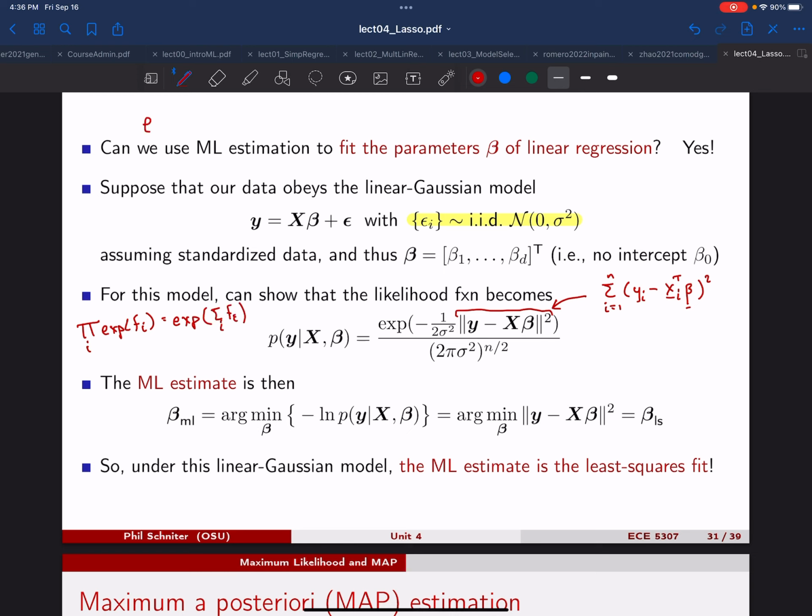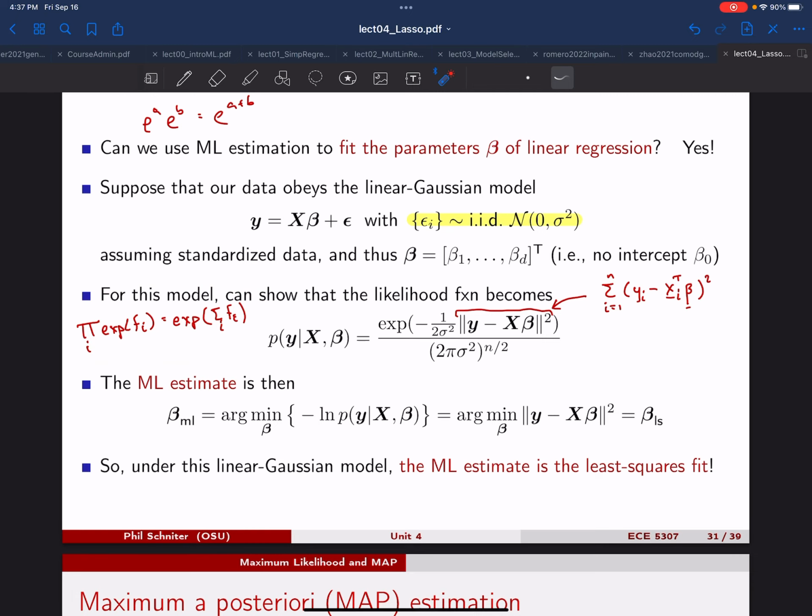It's like e to the a times e to the b is e to the a plus b. This is the case for two variables. If I have many of these, like n of these multiplications, then I have e to the sum of n things up here. So that's how we're going from here.